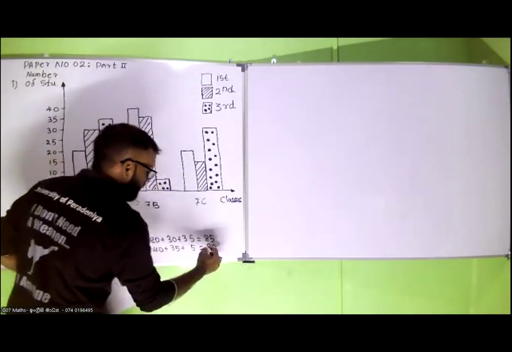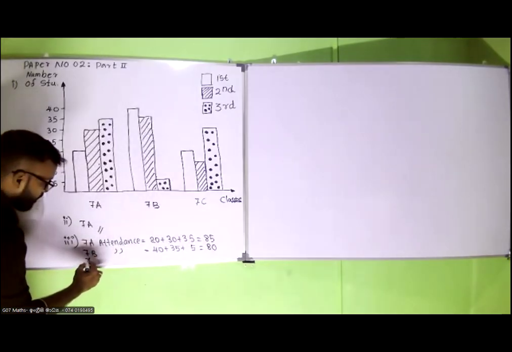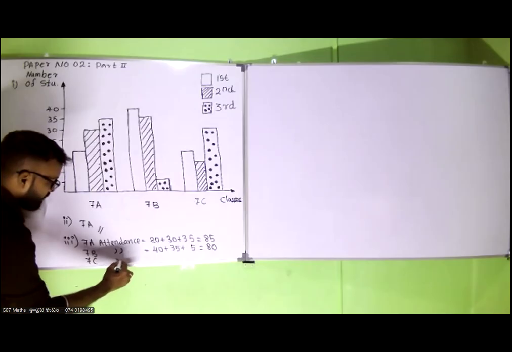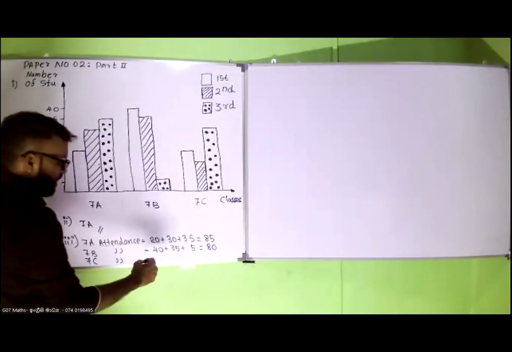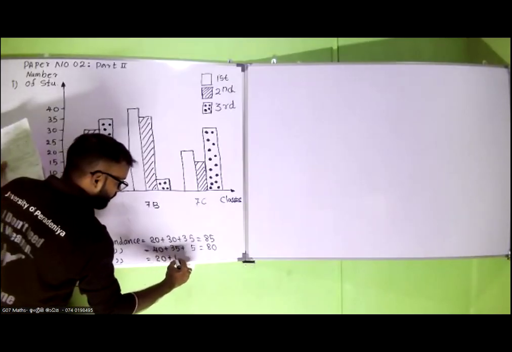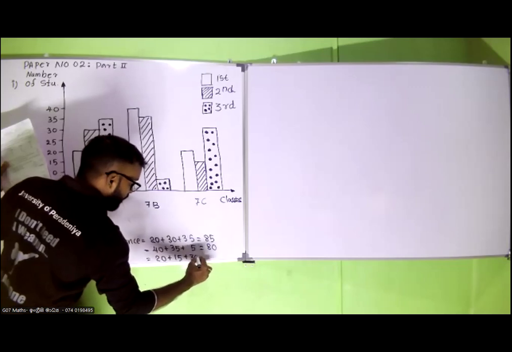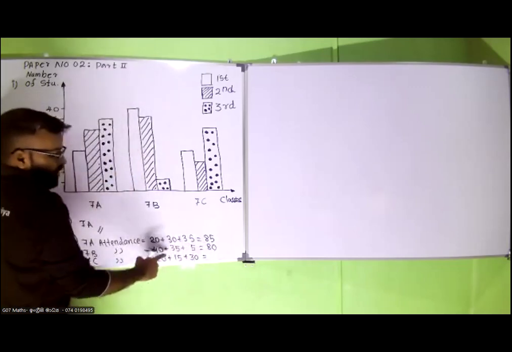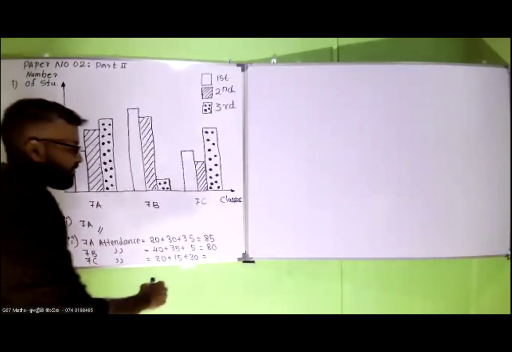Then I have 7C class attendance: 20, 15 and 30. 20, 35, 65.